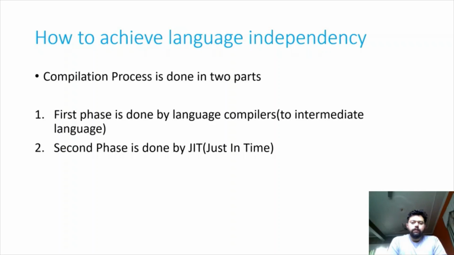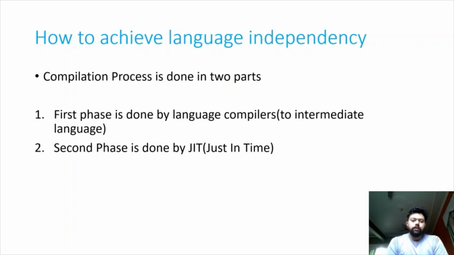If you use any language, there will be a compilation process of that programming language. In the .NET framework, the compilation process is done in two parts. The first phase is done by the language compilers.